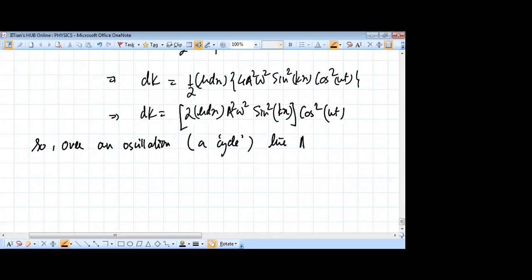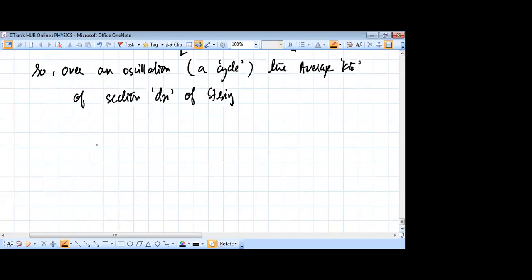the average kinetic energy of the section dx of the string, that average kinetic energy, when written like this, will be 2 times a square omega square sine square kx into cos square omega t function's average, because we are time averaging it.